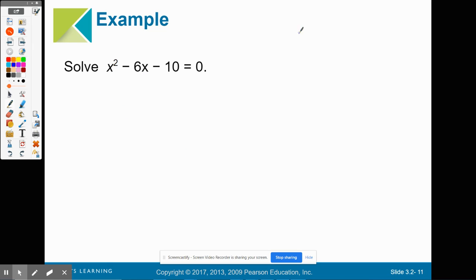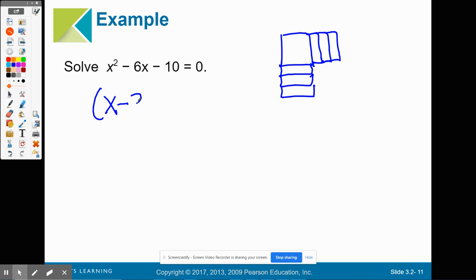So here's how we used to do it. You had an x squared box and you wanted to put it in vertex form. So you needed to think, which perfect square is closest to what I have here? Well, if I have a negative 6x, I could put 3 of those over here and 3 of those over here. So this is closest to an x minus 3 squared. That's what this would be.